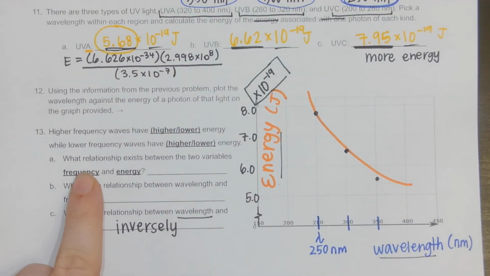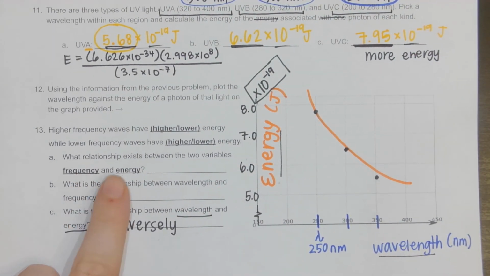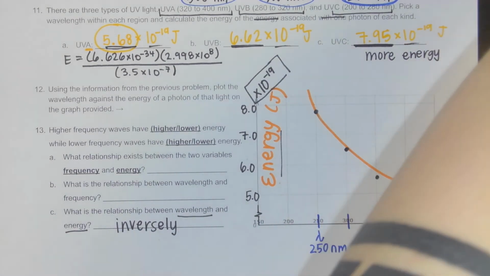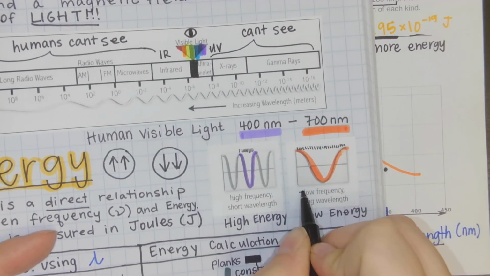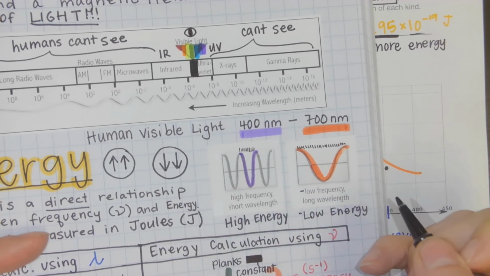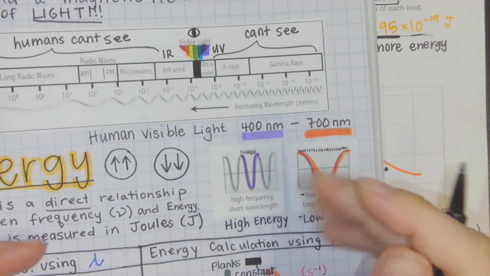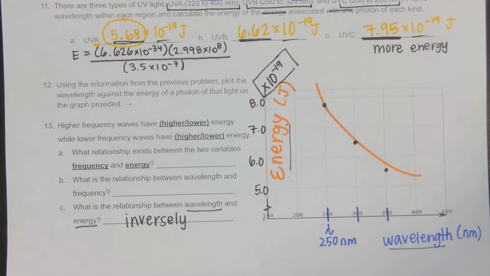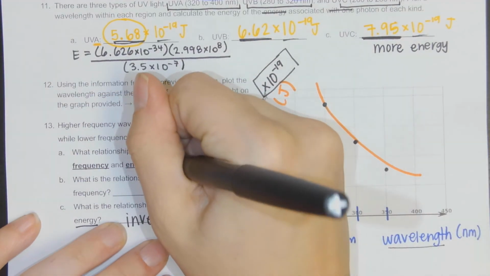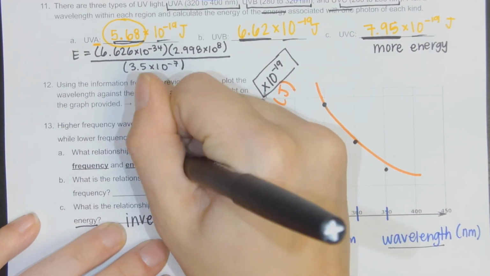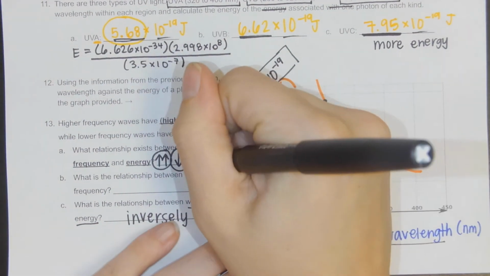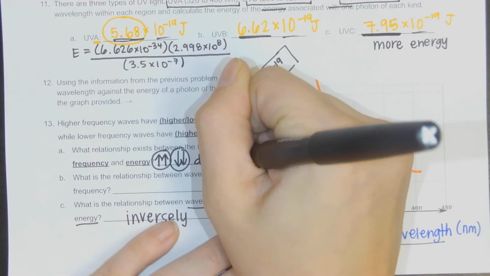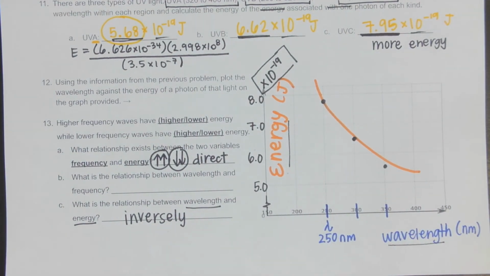What relationship exists between frequency and energy? We know this one from the notes. When we have low frequency, we have low energy. High frequency, high energy. So when it's two ups or two downs, they're kind of running the same. That's a direct relationship.